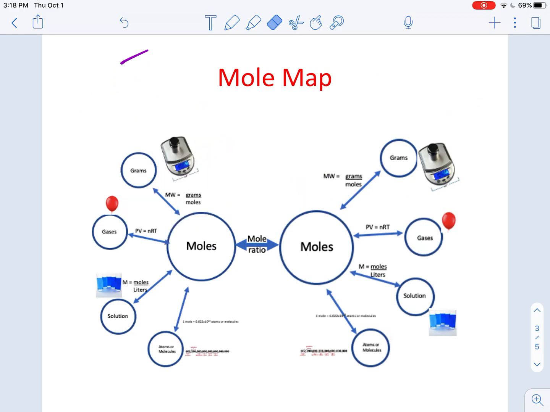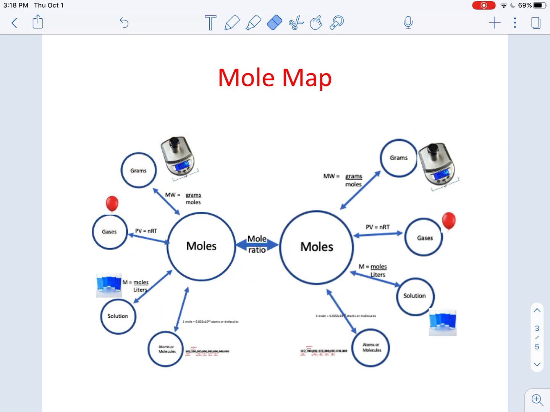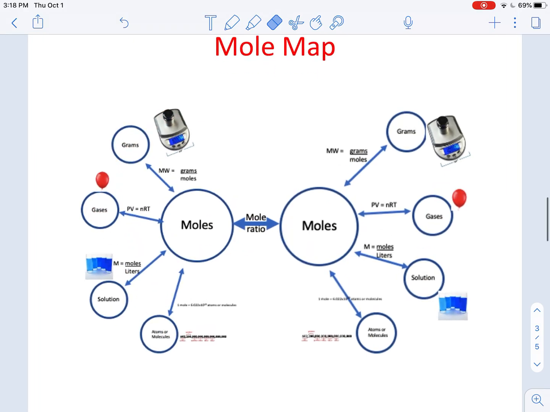So it's probably going to be where they give you one of these, they're going to expect one of these, so it's going to be 3 steps. One to get to moles, one to get to the other moles, and one to get to some other unit over here. So you have to be very fluid in how you interpret the information given to you, because you can get moles in a variety of different ways.